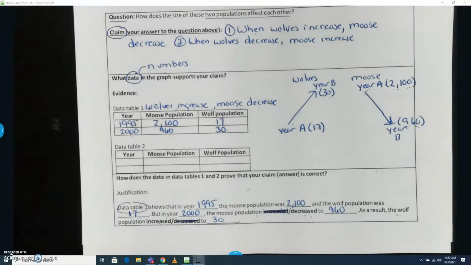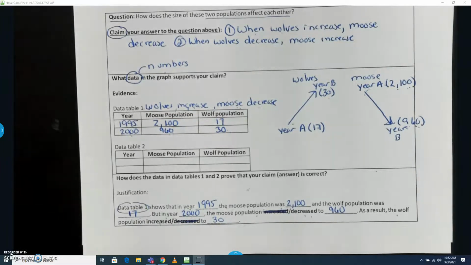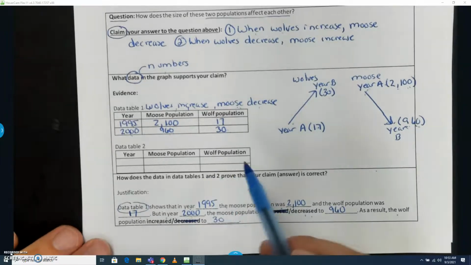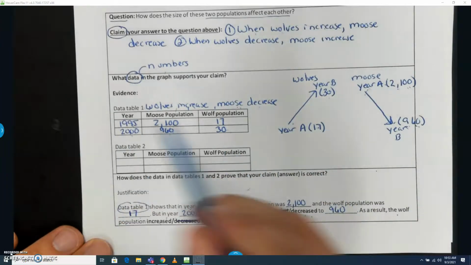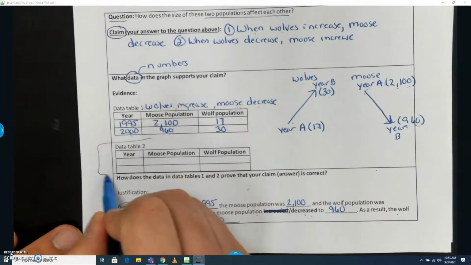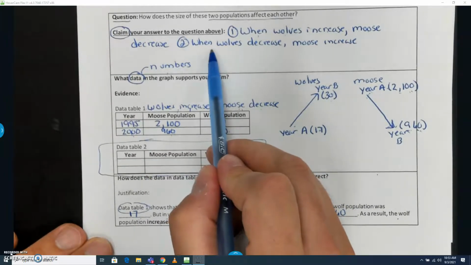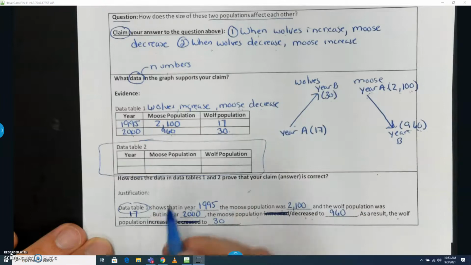This is what we talked about in class if you happen to have been absent. If you were gone, this assignment is in Teams. Your task is to use this idea, complete data table number 2, to support idea number 2. When the wolves decrease, the moose increase.